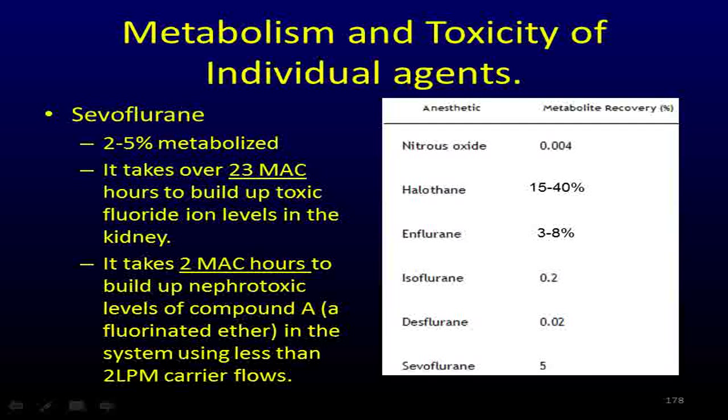So how long could I run 4% sevoflurane at less than 2 liters per minute? Less than an hour. About an hour. Right? 4% divided by 2% is 2 MAC. And if I'm only allowed 2 MAC hours at less than 2 liters per minute, then I can only run 1 hour. But what if I run it at around 0.8% sevoflurane?